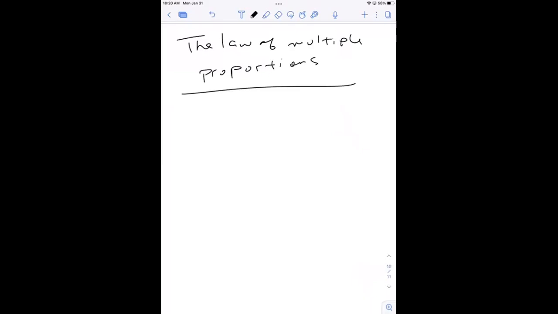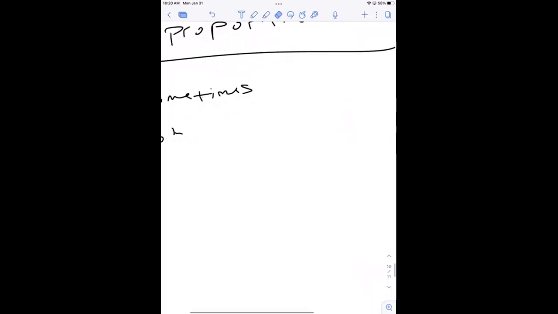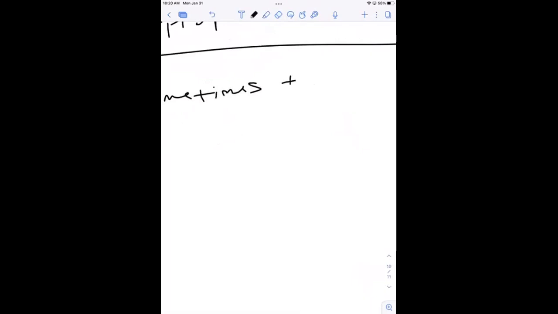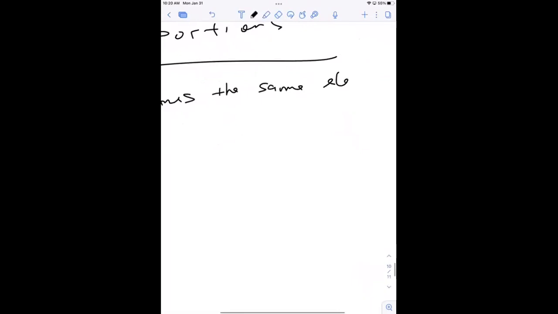Sometimes the same elements can combine to give you multiple compounds.